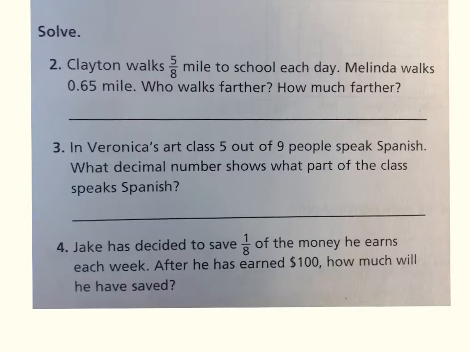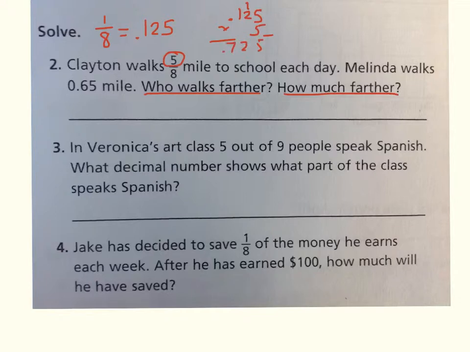Number 2 asks us who's walking farther and how much farther in this scenario. Clayton walks 5/8 of a mile and Melinda walks 0.65 mile. So we need to turn this 5/8 of a mile into a decimal. There are 2 ways I can do this. I can remember from my chart that 1/8 is the same thing as 0.125, and then I can take the 0.125 and multiply it by 5 because I have 5/8.